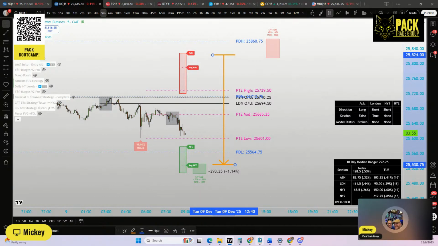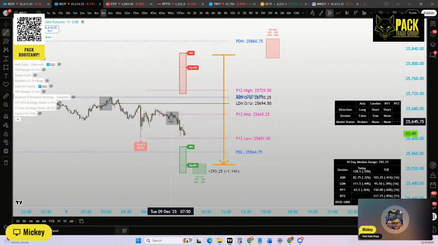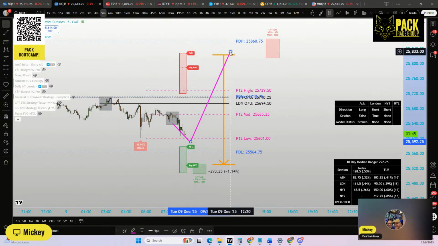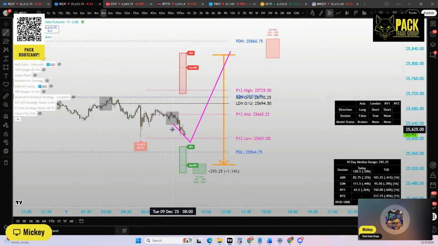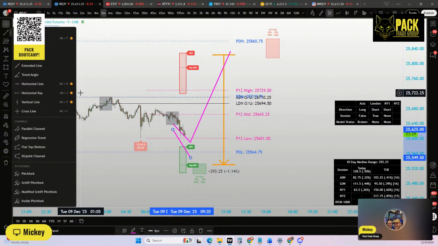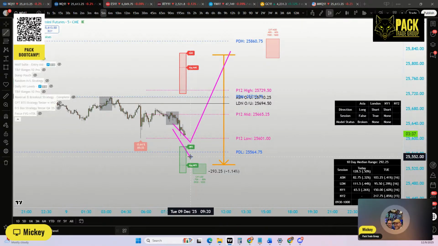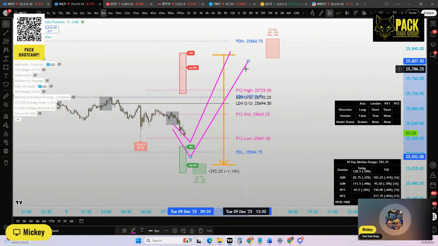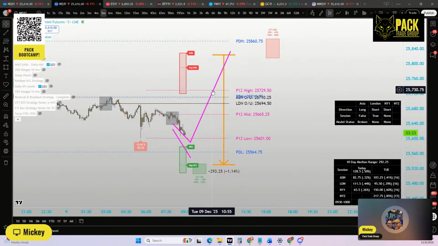Now let's look at the other side of the coin because we broke out of the 730 to 830 box we just went over, right? Price either bouncing off of the P12 low, the previous day low, towards the low of the day zone. Now let's look at the other side of the coin where we just have continuation, right?